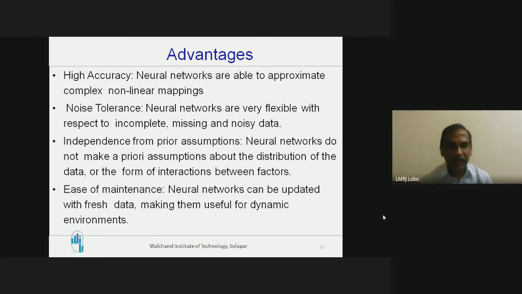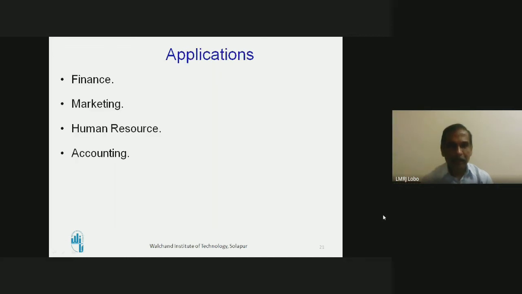The advantage is that it has high accuracy. Neural networks are able to approximate complex or non-linear mappings. Noise is reduced and tolerated, there is independence from prior assumptions, and there is ease of maintenance. We could use neural networks to classify various tasks for problems of finance, such as a higher financial institute and a lower financial institute, which could be two classes of finance.